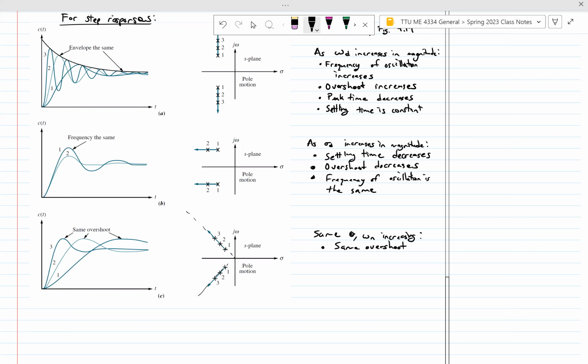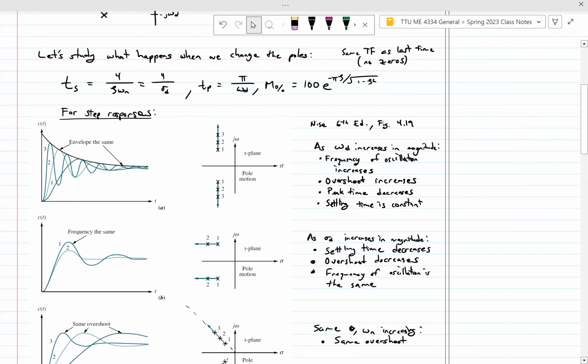What other parameter is associated with overshoot? Did we say before? Think in terms of our general second order circuit or second order system parameters. What does that overshoot equation depend on?